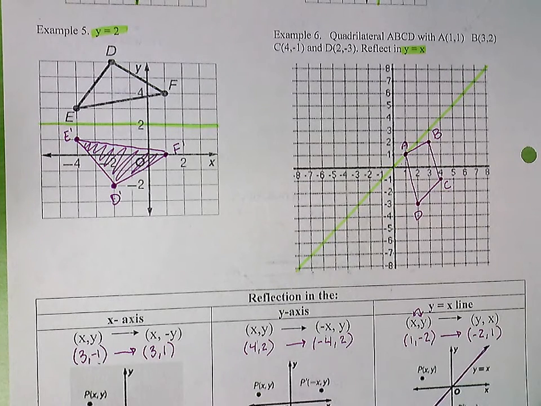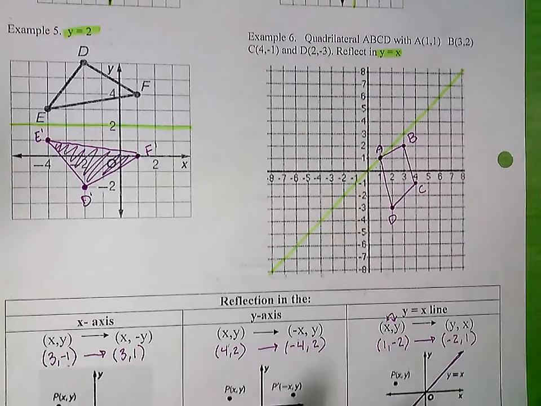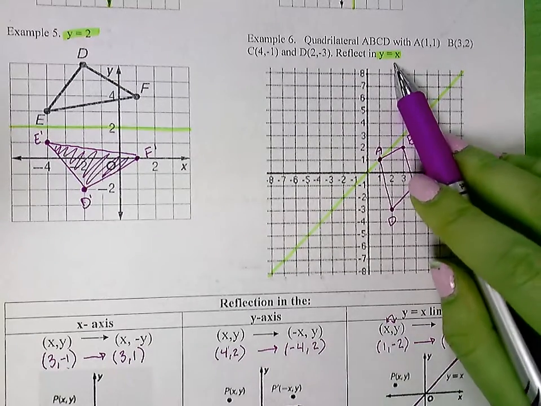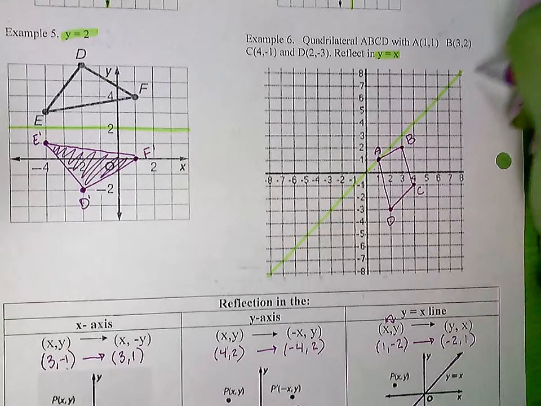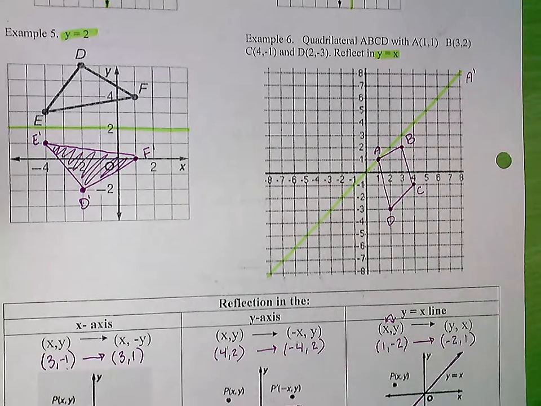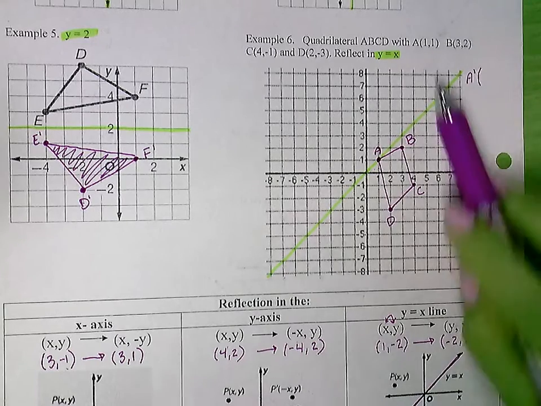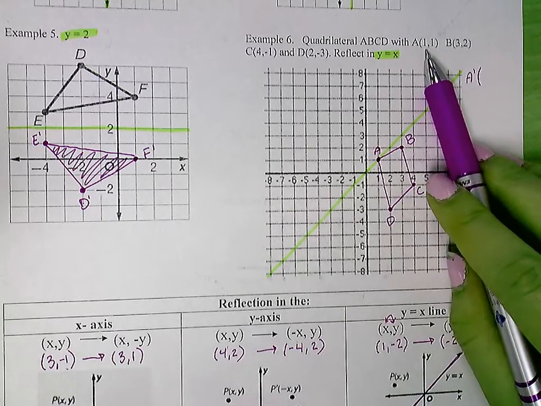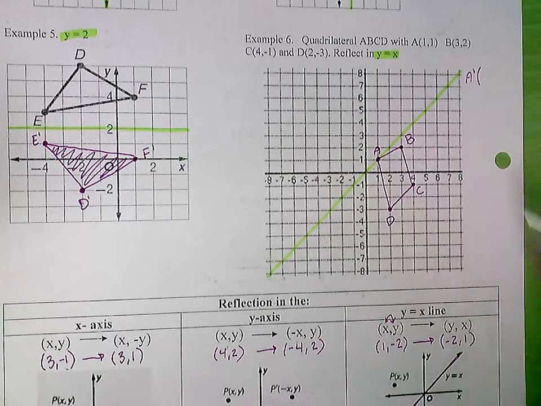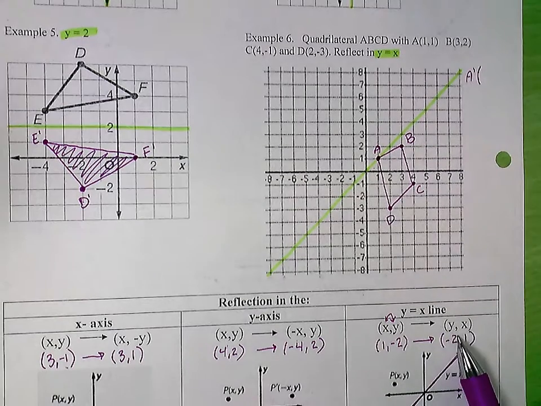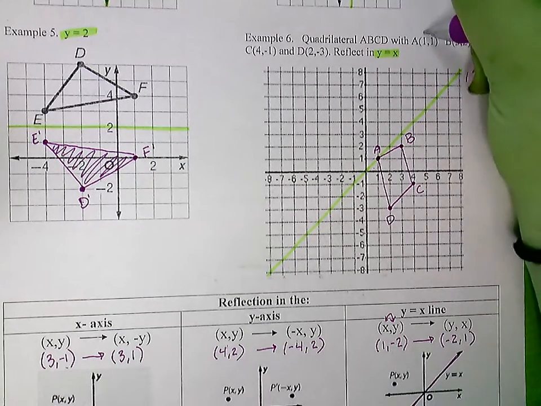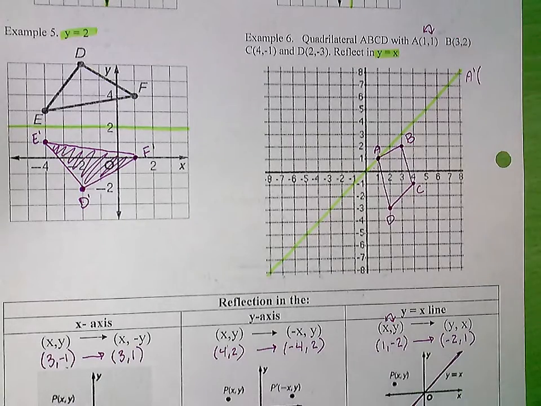Now I need to find the image. So off to the side, when I have a reflection in the y equals x line, I like to rewrite the points. So A prime, since we're reflecting in the y equals x line, I just need to switch my x and y values. So they just flip-flop.